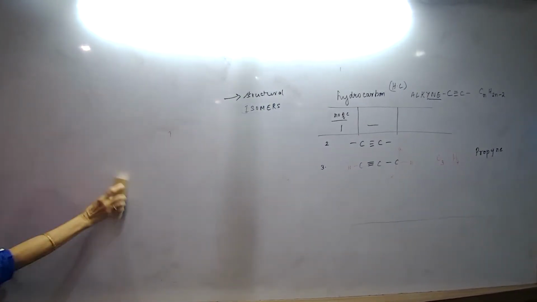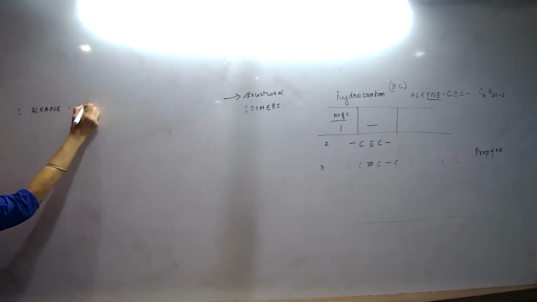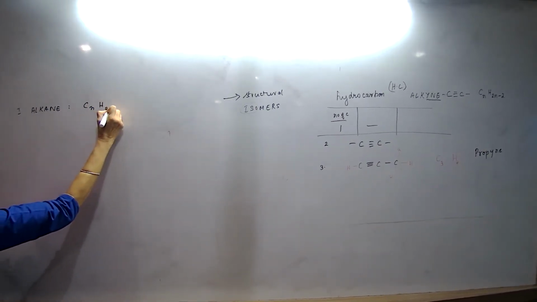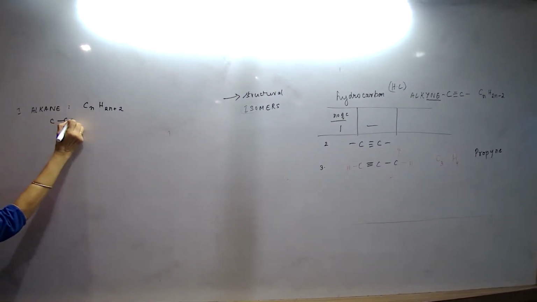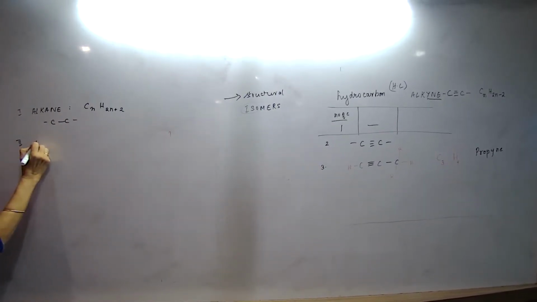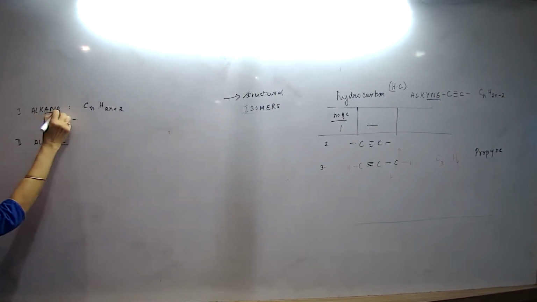Once again, I'll just give you a summary of everything. Quickly take it down. First one, alkane. Formula will be what? CnH2n plus 2. Alkane has what? Single bond. Second one, alkene. Quickly take it down. I'm going to rub it out in 2 minutes time.